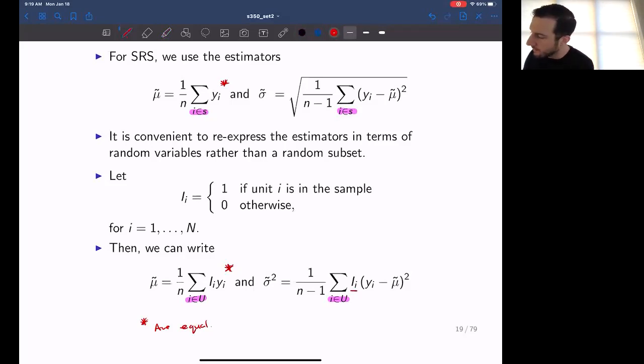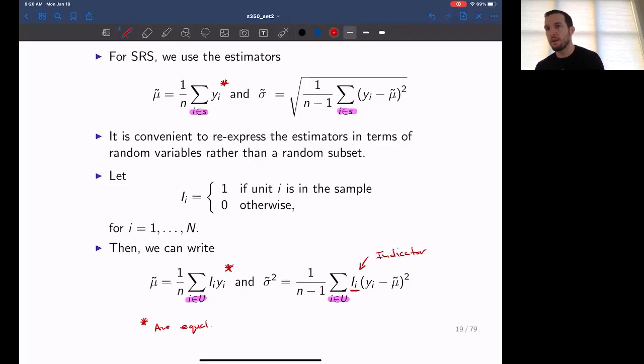And in the second case, we've introduced the indicator simply to represent the fact that only the values that are actually chosen from the frame are going to impact the derivations of interest, or will be utilized in our calculation. So these are equivalent expressions.